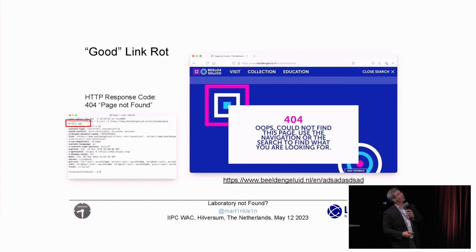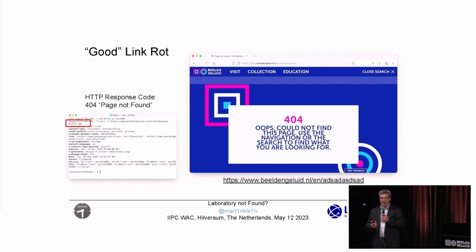So this is what I would call a good 404, right? The human looks at the page, says, this is obviously not what I was looking for, this is gone, it's a 404. I know what a 404 is, the HTTP response code for an error. And I see this in my terminal here on the left-hand side of the slide.